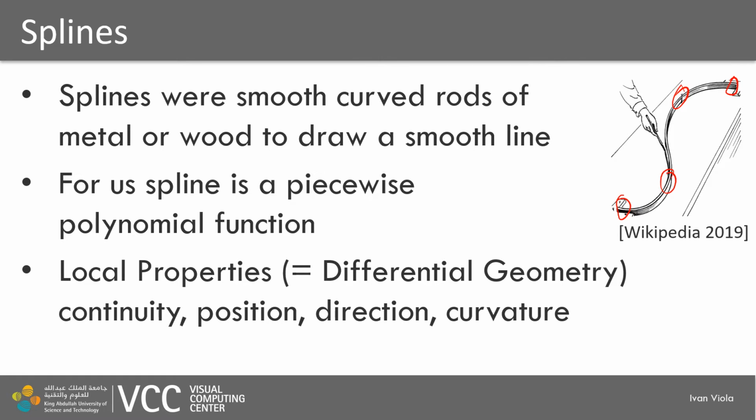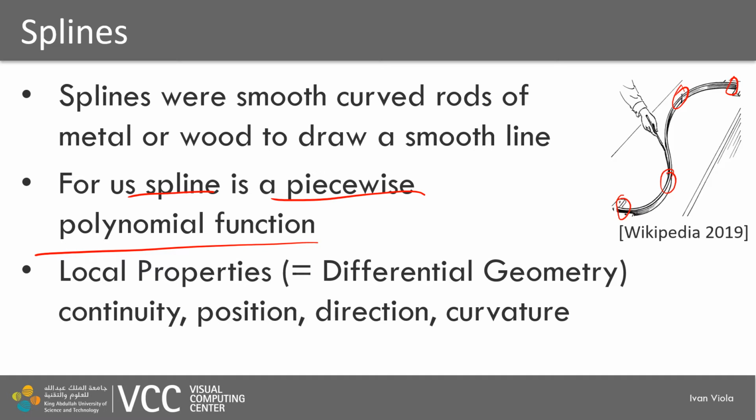We are using this metaphor of a spline in computer graphics, and for a spline we can use a piecewise polynomial function, which means that each spline will be defined by a set of polynomial functions. It could be linear functions, quadratic functions, cubic functions, or even higher order functions.